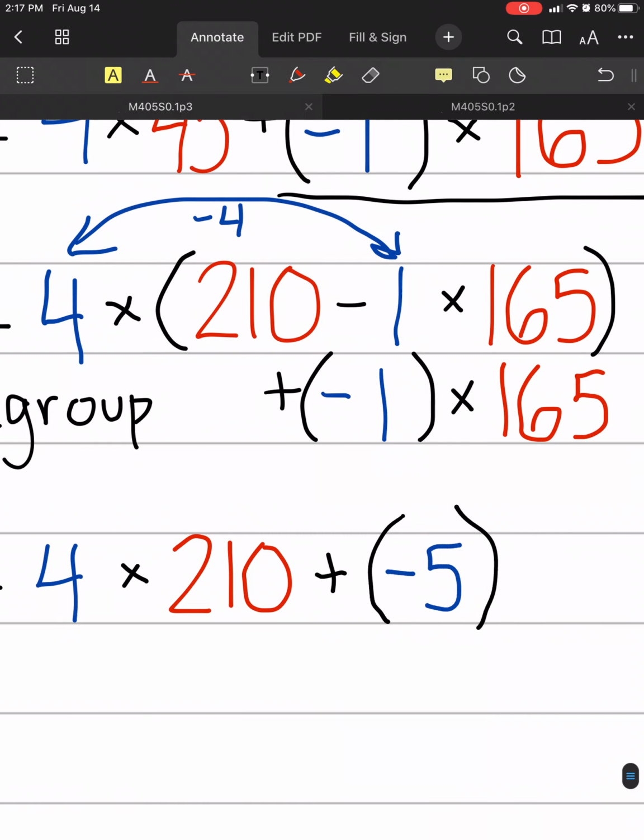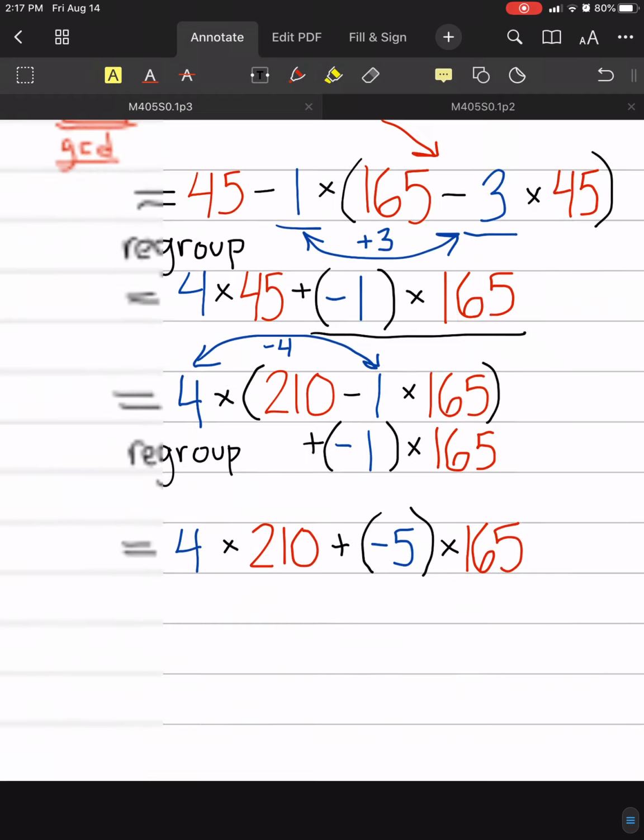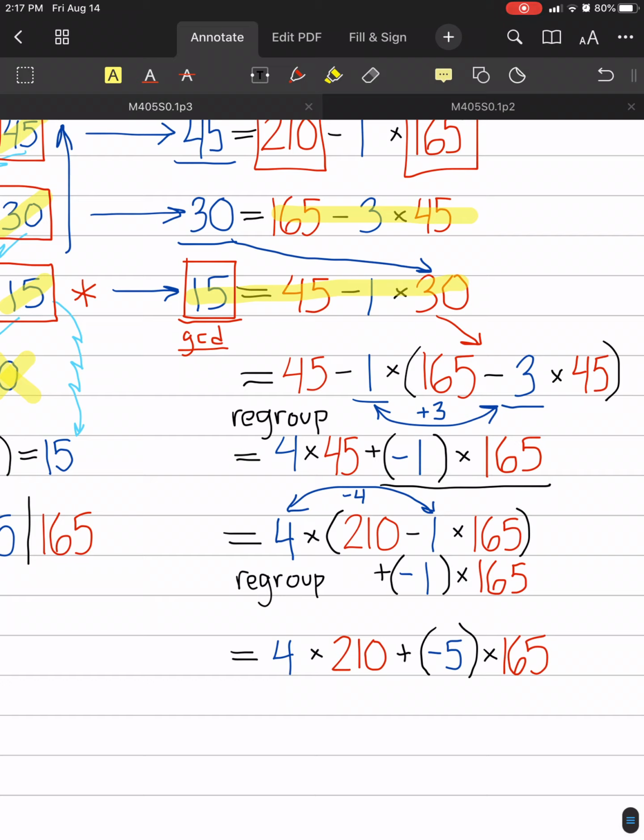Times 165. There we go. Okay, so what this should do here is give us 15, which is the GCD of 210 and 165.